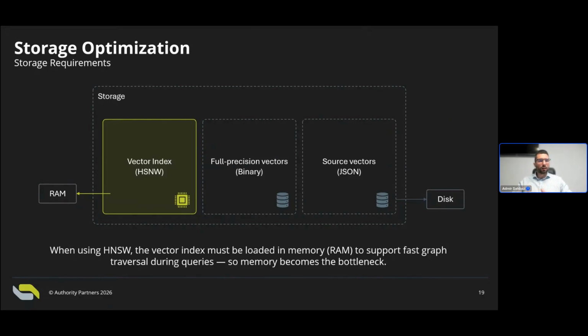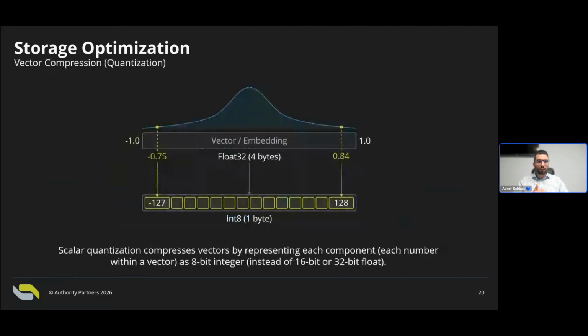So technically, memory becomes the main bottleneck, right? And that is why vector index optimization techniques like compression, quantization, dimensionality reduction, and truncation are critical to making vector search scalable and cost-effective. Now, Azure AI Search supports two optimization techniques.